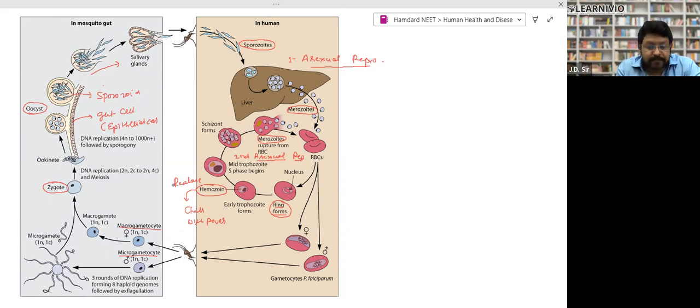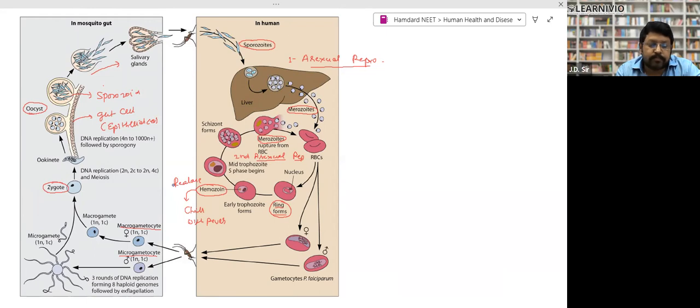Malaria protozoa release hemozoin when developing inside RBC.